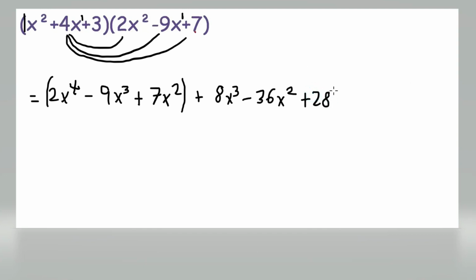Then, copy na lang natin yung variable which is x. So, let's check. So, tatlo na, 8x cubed, negative 36x squared, plus 28x. So, this is the second round na ng distribution. So, erase ulit natin para malinis tingnan.